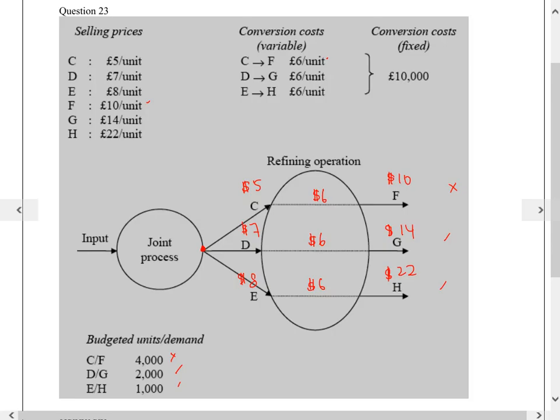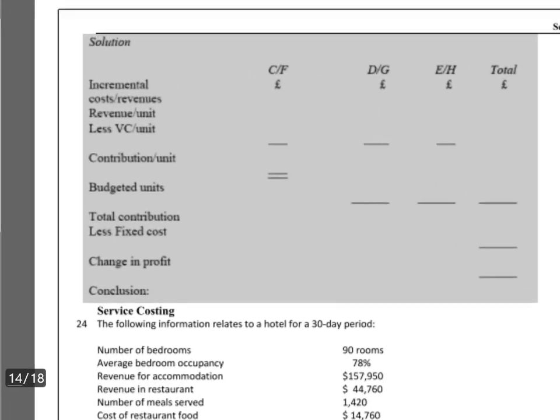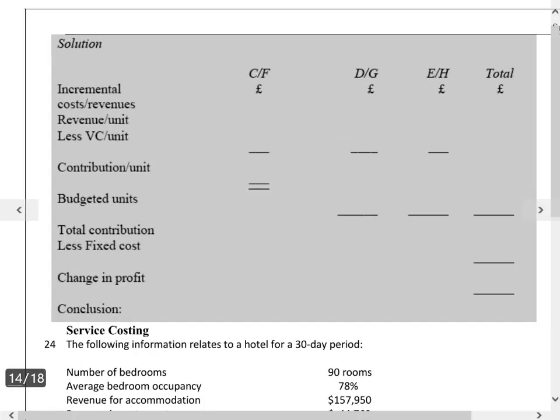So your answer, next page. Can you draw a line here? Incremental cost or incremental revenue. So we have incremental revenue from C to F, 5. Additional cost incurred to convert, 6. Negative.